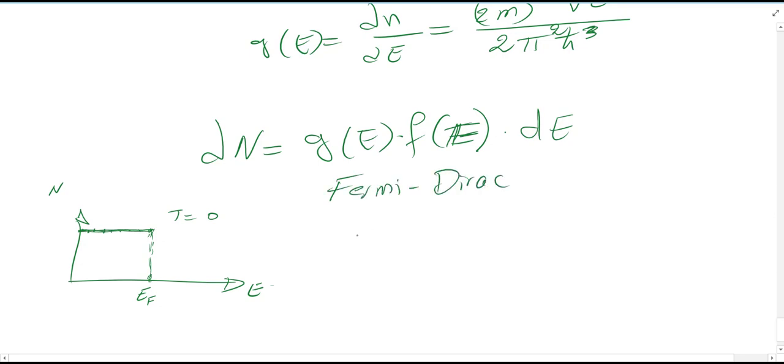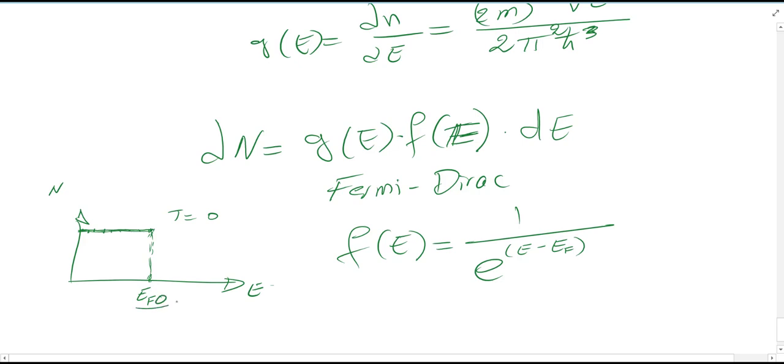And the Fermi-Dirac distribution gives you an energy distribution as a function of temperature, as being expressed by this expression, E minus this cutoff energy. This is at T equal to 0. At T equal to 0, usually you have the Fermi energy level for T equal to 0. But the one I'm writing right now is at any temperature.